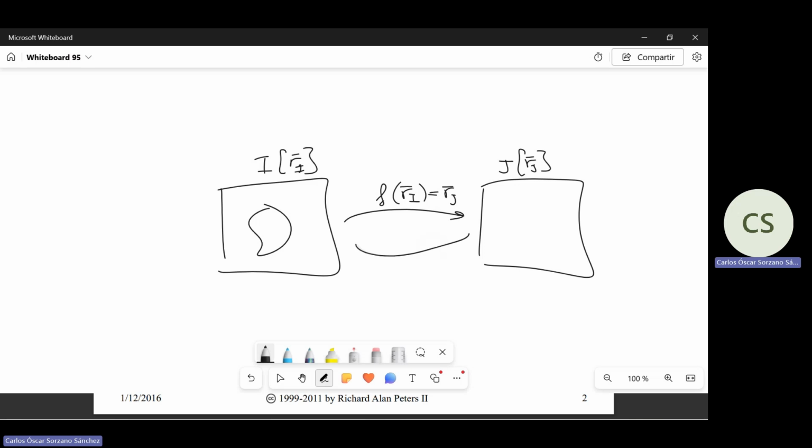And then you have the opposite. So you have the inverse of that function. So given J, you can recover the coordinate in I. So typically it is applied in this way, from the output to the input. Once you know the coordinate in the input, now you can interpolate the input image at that location.